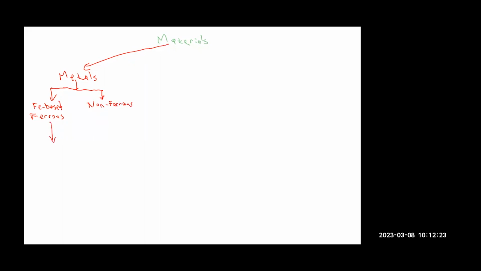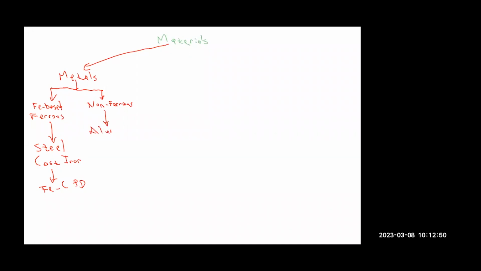Fe base is very simple, right? Like steel or cast iron. You can go ahead and check the iron carbon phase diagram. And non-ferrous are the basic elements, right?